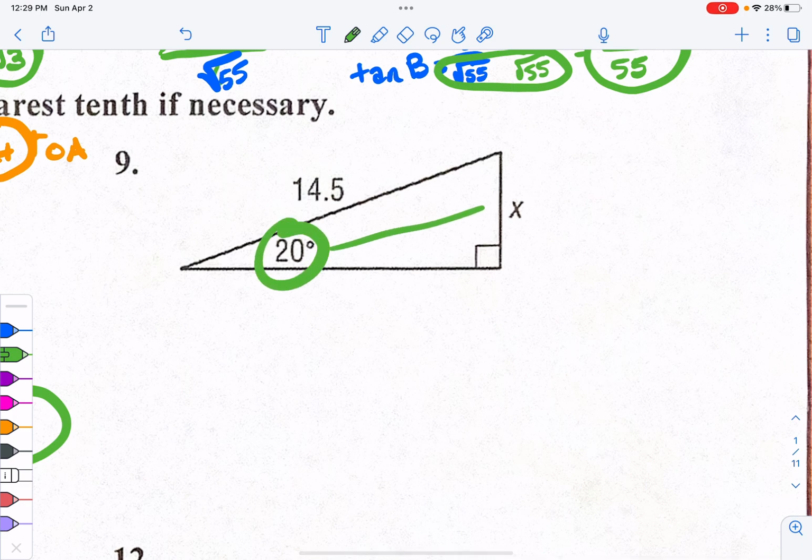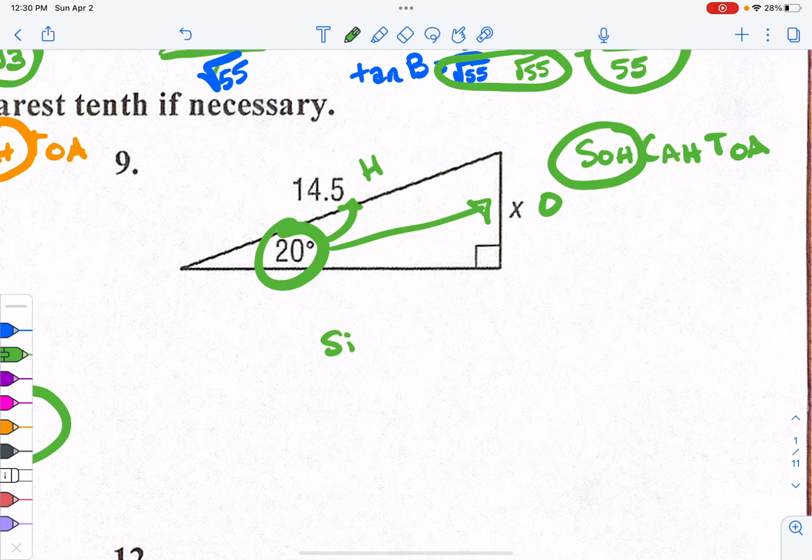Number 9, same thing, 20 degrees. I've got x is the opposite side, and this one looks like the adjacent side, but that's actually the hypotenuse. So out of the SOHCAHTOA, we're going to choose sine, and sine of 20 equals opposite, which is x, over the hypotenuse, which is 14.5. Now when the 14.5 is on the bottom and x is on the top, we can just get rid of the 14.5 by multiplying it to the other side, right?